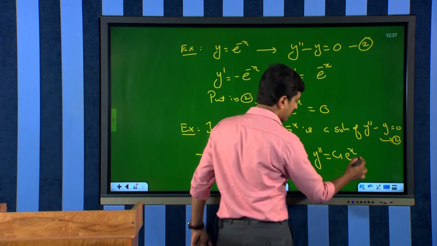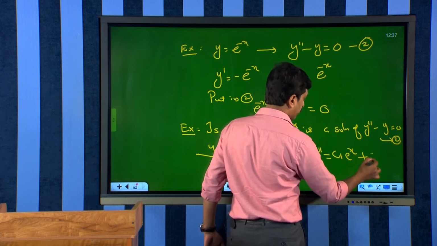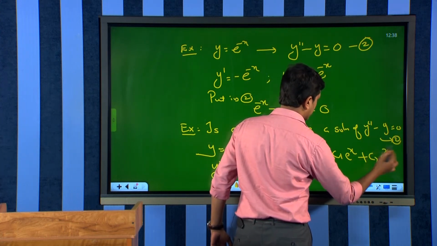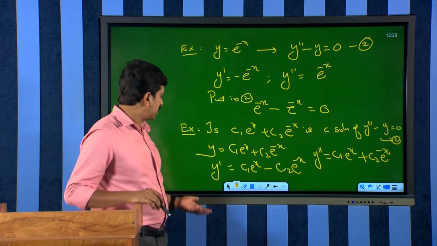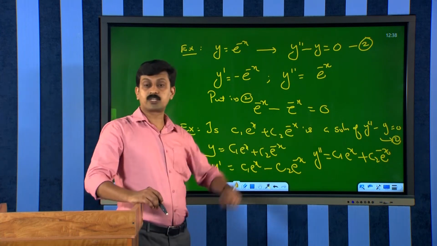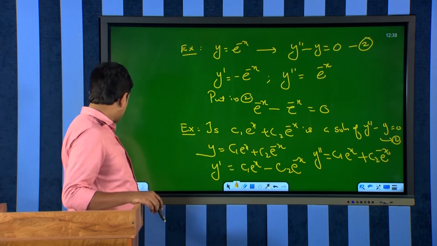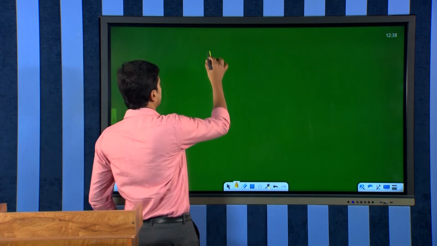While evaluating y double dash, the derivative of C1 e raised to x is C1 e raised to x, and the derivative of minus C2 e raised to minus x gives two negative signs, therefore plus C2 e raised to minus x. See, while putting these values in the differential equation 2, my dear students, put in 2.